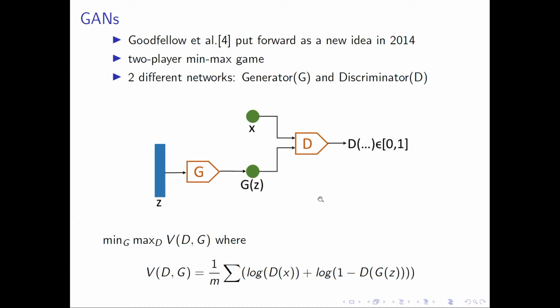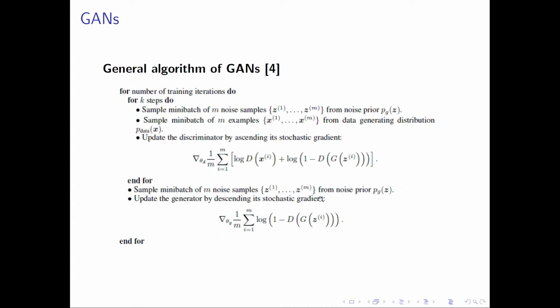Then they give an algorithm for this structure. Let's check this algorithm. For all iterations, for m noise samples and m real samples, first they update the discriminator by trying to maximize this loss function, this cost function. After that, for m noise samples, they try to minimize that, and by taking that, they update the weights of the generator.